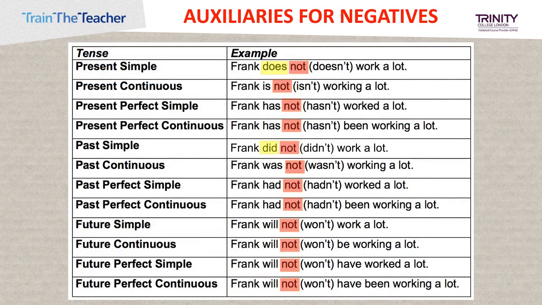So we see the auxiliary verb do, highlighted in yellow, when forming the negative present simple and past simple forms. Note that it doesn't appear in any of the other negative tenses. And here are the auxiliary verbs again.